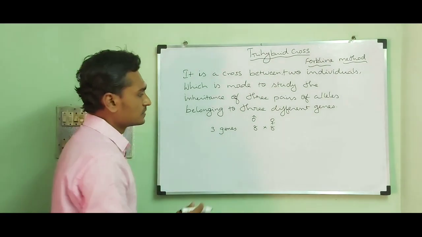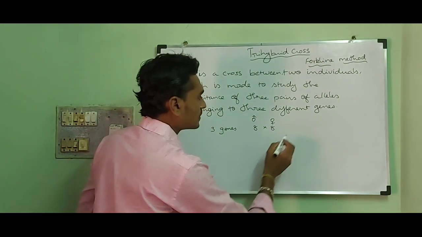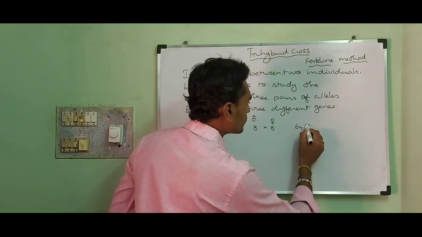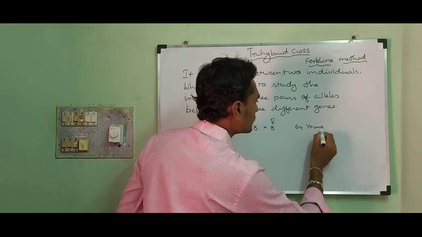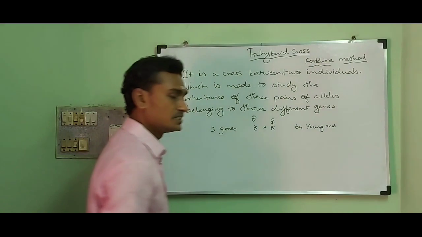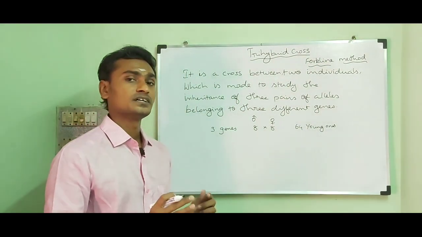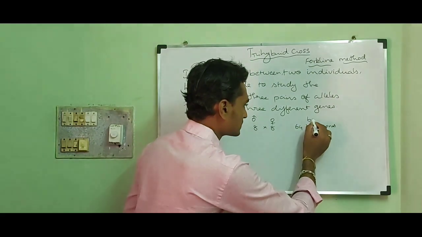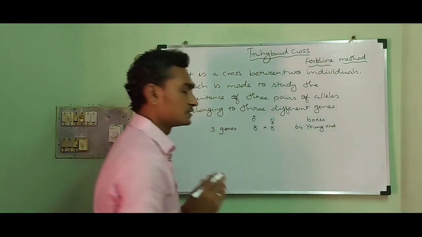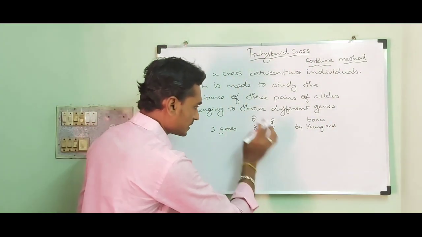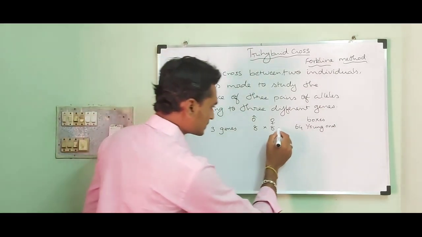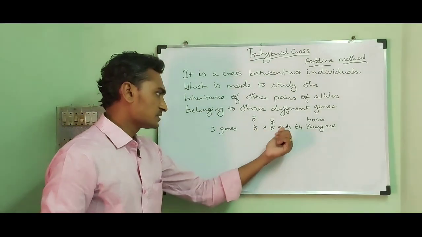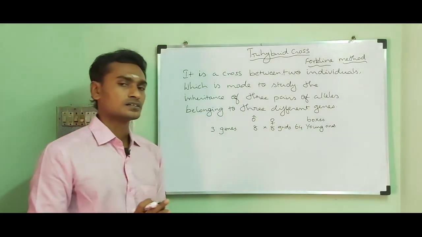Resulting in the young ones, we can obtain 64 young ones. That means in Punnett square, we have to draw 64 boxes. Then 8 plus 8, 16 grids. In Punnett square, we have to draw 16 grids and 64 boxes.